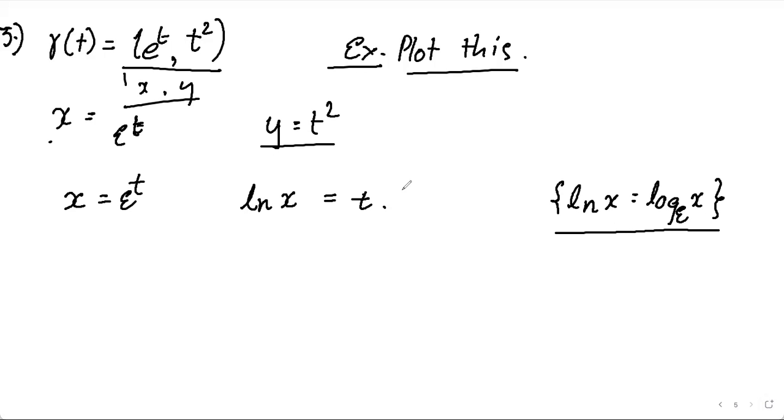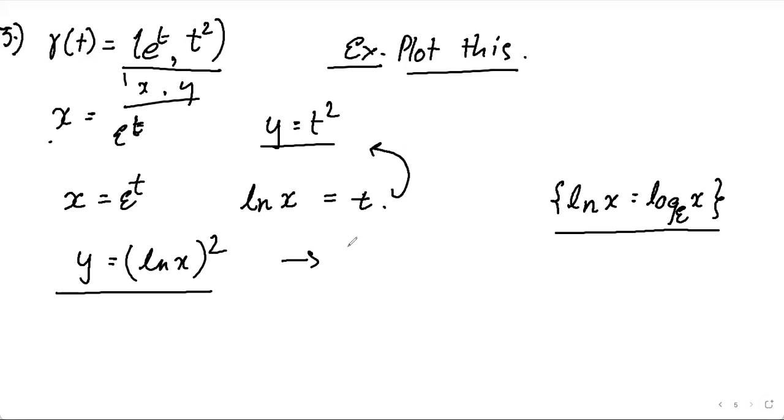Now substituting this in y equals t square, we get y equals (ln x) square. So this is our desired Cartesian equivalent equation.